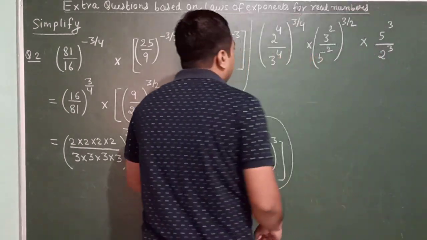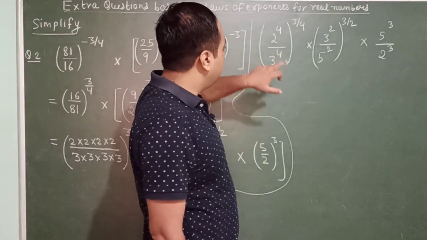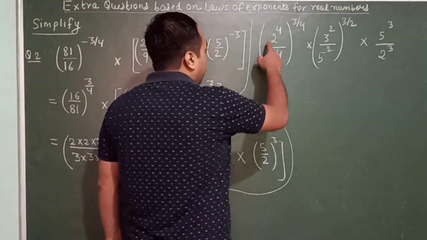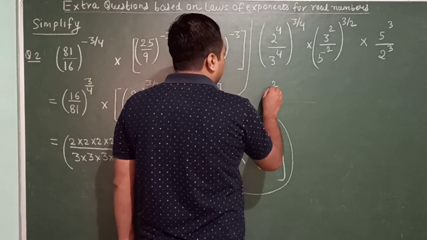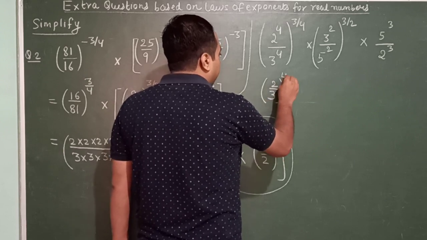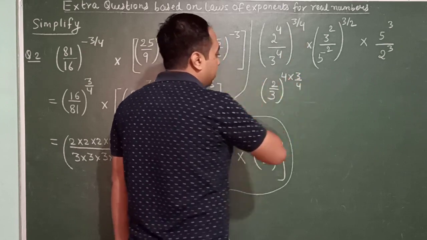Now see, 2 power 4, 3 power 4. So you can see in this fraction power 4 is common. So we can write this fraction in this manner, 2 upon 3, because power 4 is common, so I am writing power 4, and outside it is given 3 upon 4.